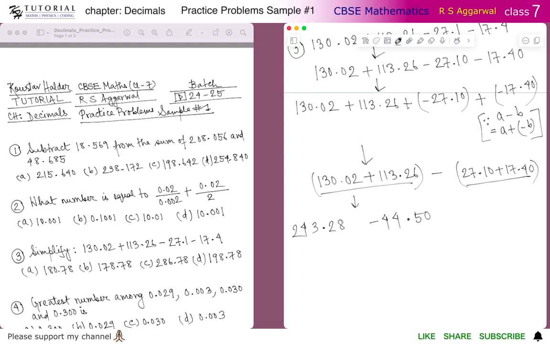These are like decimals. How do we subtract? We write the larger decimal first, and then below we write the smaller decimal in column format, so that the decimal points and all the respective digits of the decimal part and the whole part are in the same column, and we subtract just like whole numbers.